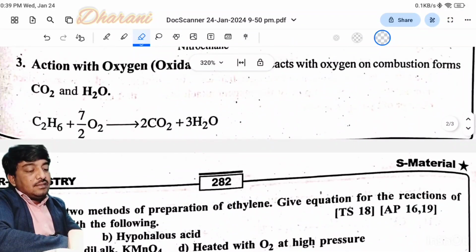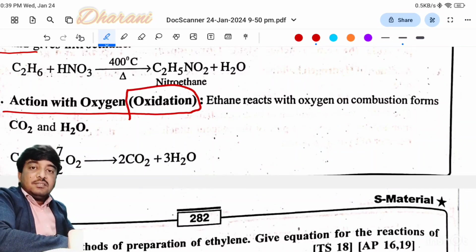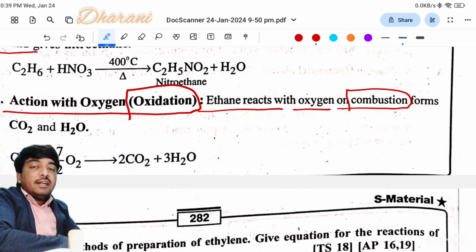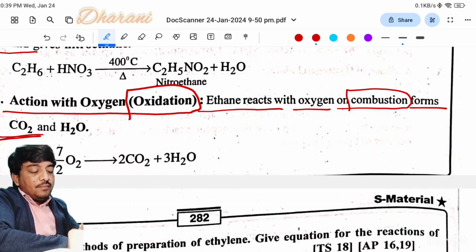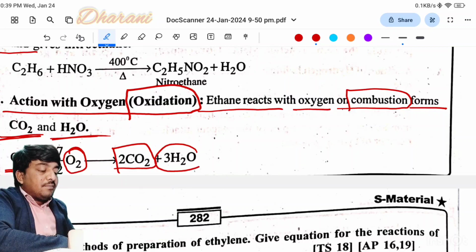The next one is action with oxygen. Oxygen means oxidation. Oxidation means adding oxygen. Ethane reacts with oxygen on combustion. Combustion means heating to form carbon dioxide plus H2O. Ethane combustion with oxygen forms carbon dioxide plus H2O.